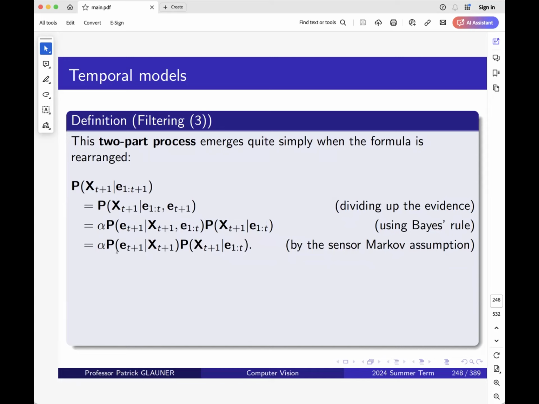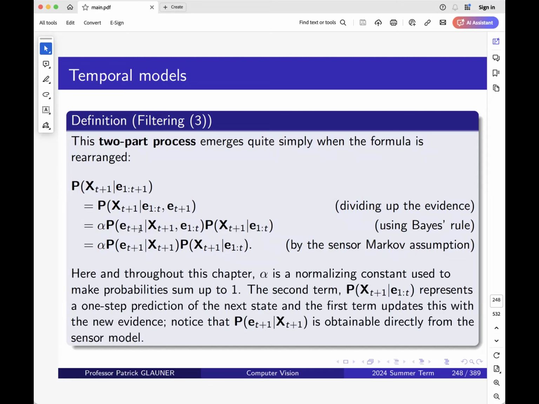So all we have now is the conditional probability of the new evidence given the new state, times the distribution of the new state given the past evidence. We always use alpha for normalizing constants throughout this term, and our P of x t+1 given all the past evidence actually represents a one-step prediction of the next state, and the first term updates this with the new evidence.